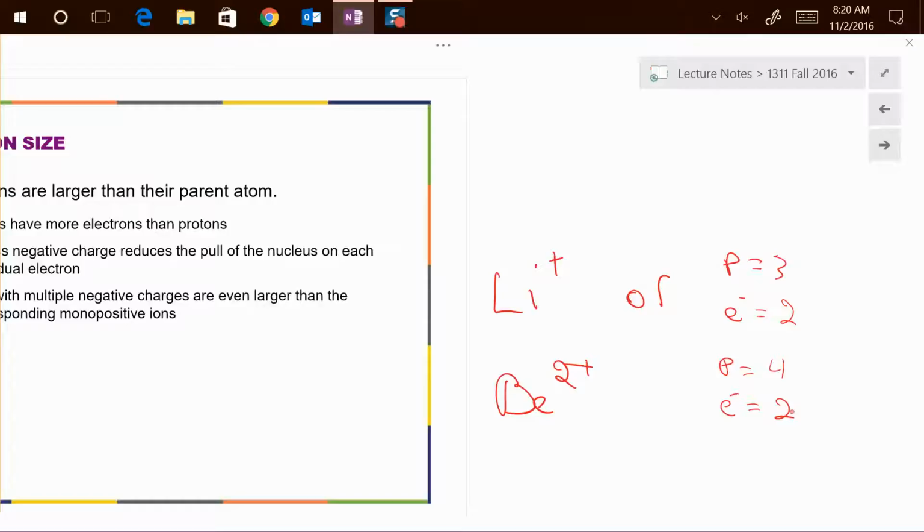It has 4 protons, 2 electrons. It's going to pull them tighter and closer than lithium plus. So when I'm working with ions and I'm trying to understand which one is bigger, I need to look at the number of protons versus the number of electrons, and it will tell me this one is bigger.